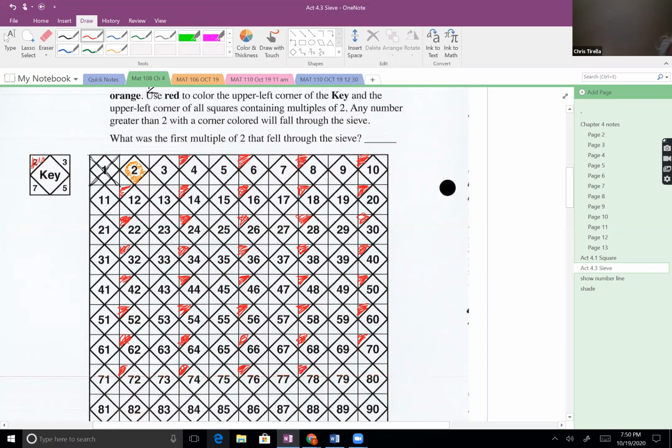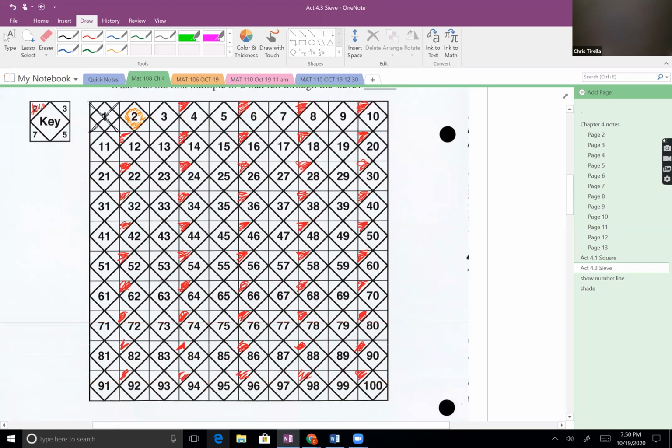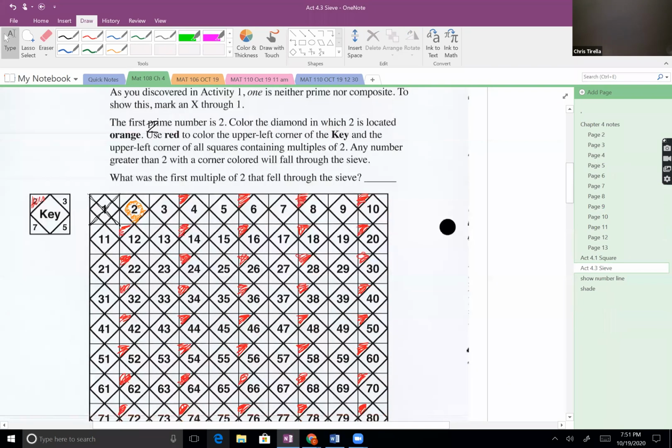Are you guys coloring in too, or am I wasting your time by coloring? Ah, that one doesn't get colored. And so the first number that's not colored in, the first multiple of 2 that fell through the sieve, was 4.